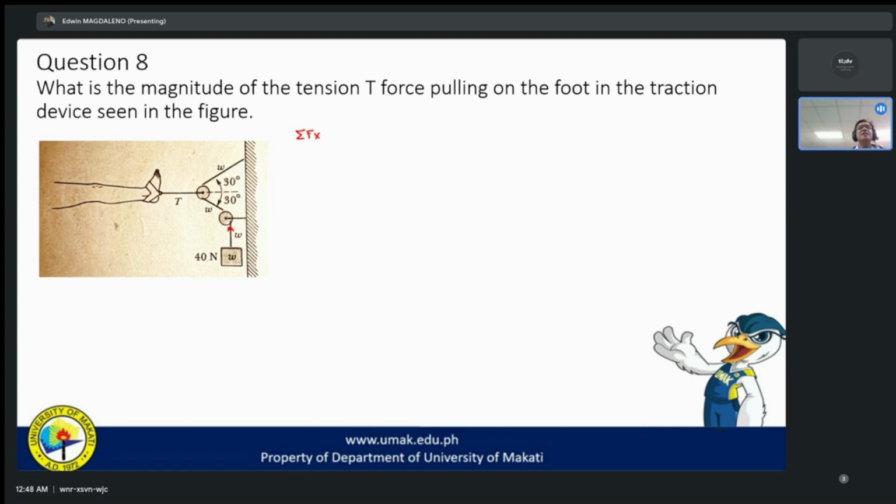Dito hindi natin kailangan. Kasi we could assume that the weight is the tension here, which is the tension also here. So parehas lang siya. So meron lang tayo yung tension at this point. So at this point, dito tayo maglalagay ng Cartesian plane. Okay? So maglalagay tayo dito ng Cartesian plane at dito tayo mag-draw ng ating summation of forces along the x.